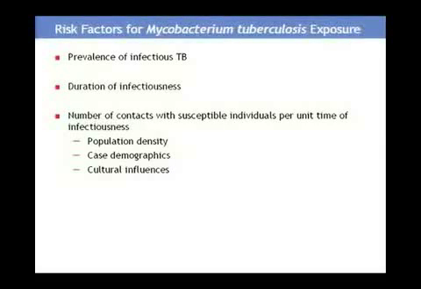So if I had tuberculosis and I did not seek treatment and I went about my business and went to work and went to various different environments, I would be putting many people at risk of becoming exposed to me and therefore becoming infected. The number of contacts with susceptible individuals per unit time of infectiousness. What we mean by this, very simply, is the level of crowding that is around an individual who has infectious TB.